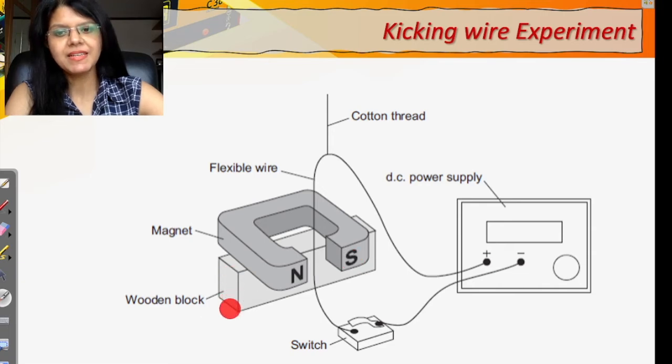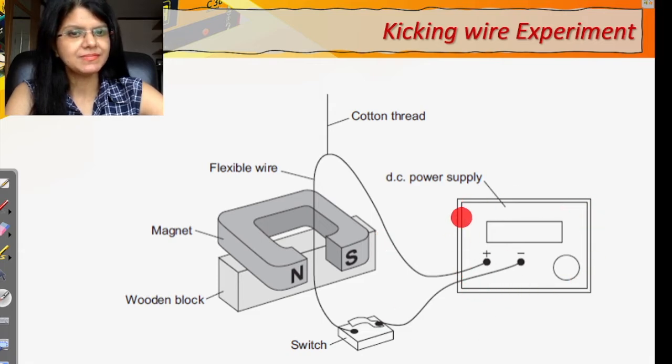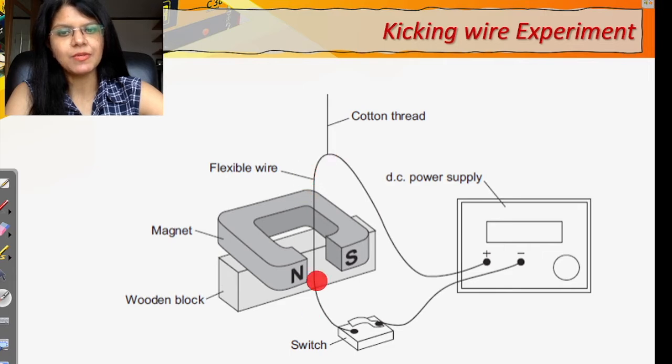It is placed on a wooden block, right? And then you see a power supply. And from this power supply, a wire is coming and it is hanging in the space between the magnet, right? There is a switch as well in between, right, to switch on and off the current in this wire. This wire is hanging in between the poles of the magnet with the help of a cotton thread.